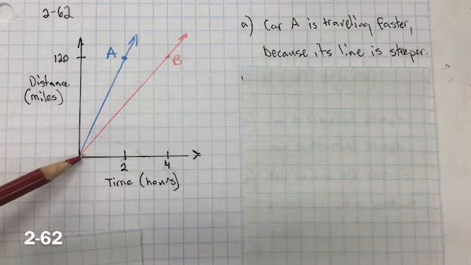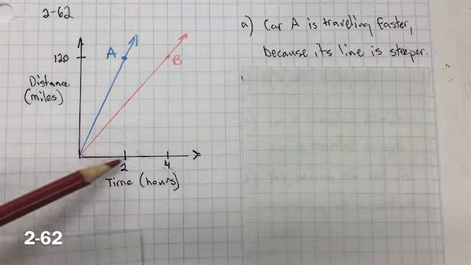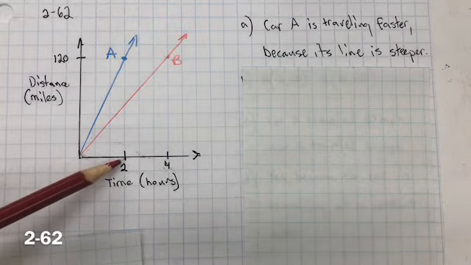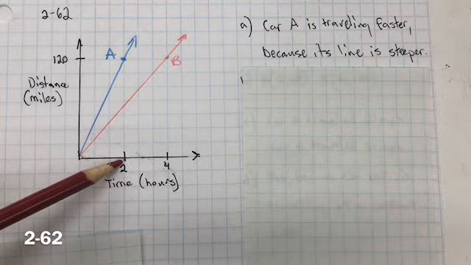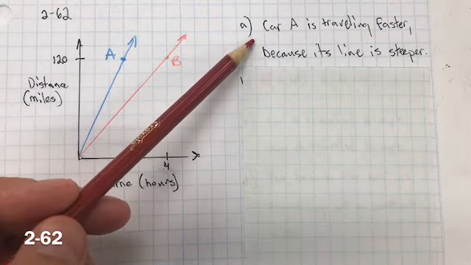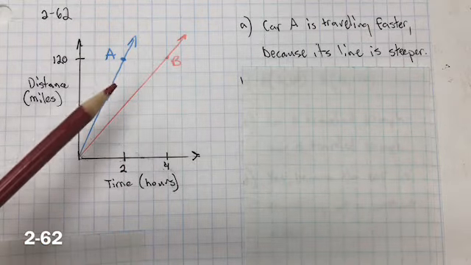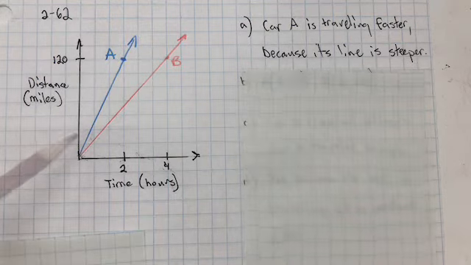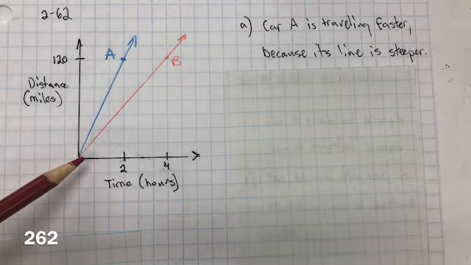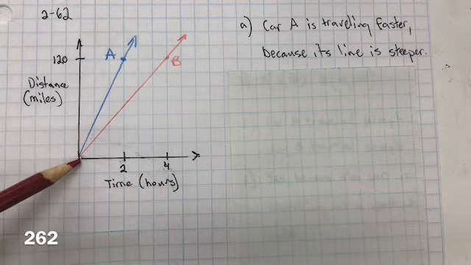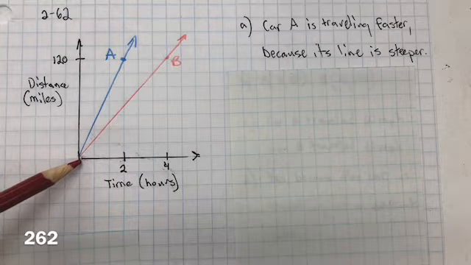So you can see that car A and B traveled the same distance, but A traveled in half the time. It only took 2 hours, and B took 4 hours. So car A is traveling faster because its line is steeper. For B, find the coordinates of point A and point B. Point A, always do x on the x-axis first.